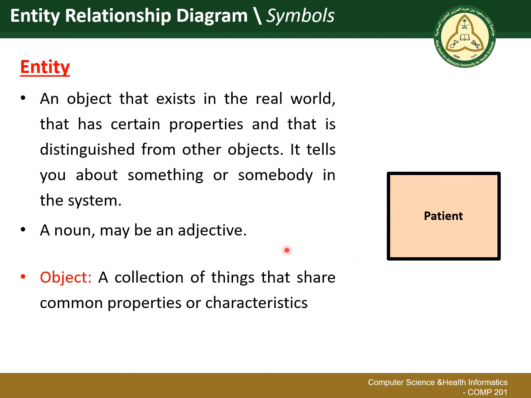It's usually a noun, and it might be an adjective. So the object is a collection of things that share common properties or characteristics. For example, if we have a patient table, we can represent it as the entity patient in the rectangle or the box shape.